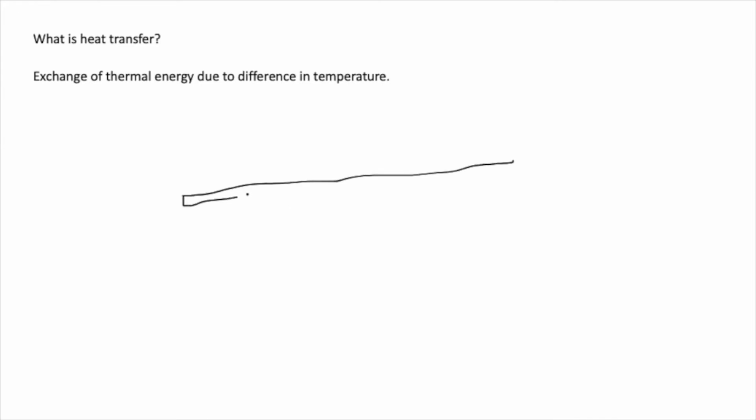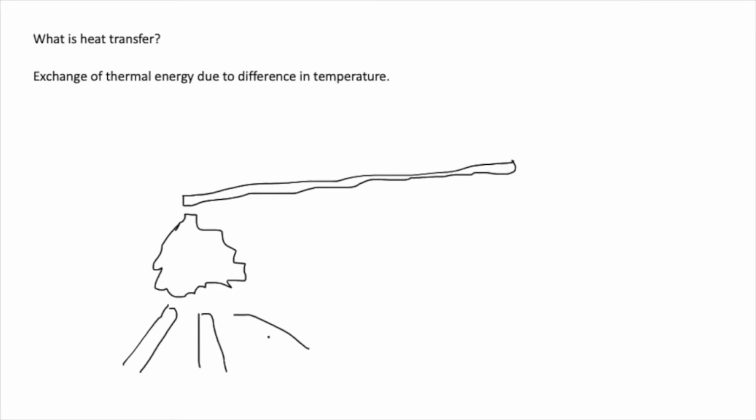Okay, now let's see some examples. Imagine you have a rod. At one end of the rod, you light up a fire, and you hold the rod on the other end. It means your hand is there, your bare hand.